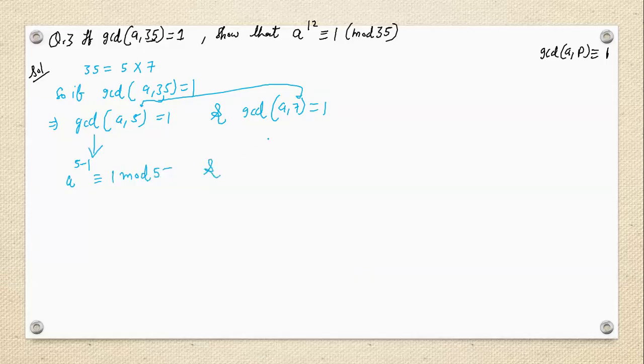And here you can apply a to the power 7 minus 1 will be congruent to 1 mod 7. So this will be a to the power 4 is congruent to 1 mod 5, and here a to the power 6 will be congruent to 1 mod 7.